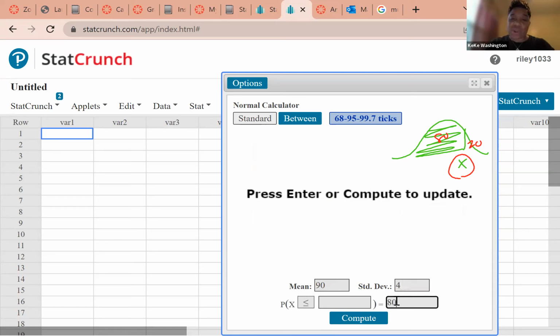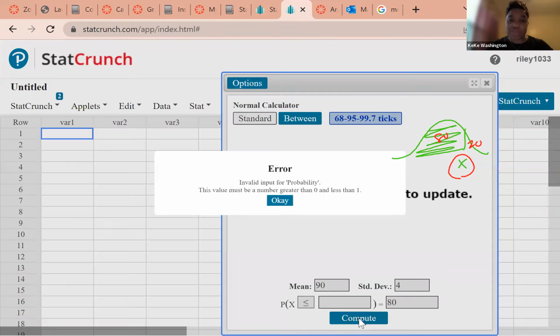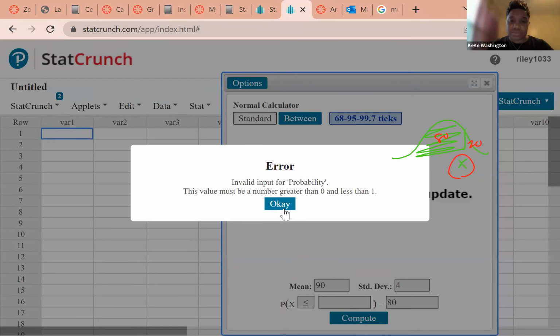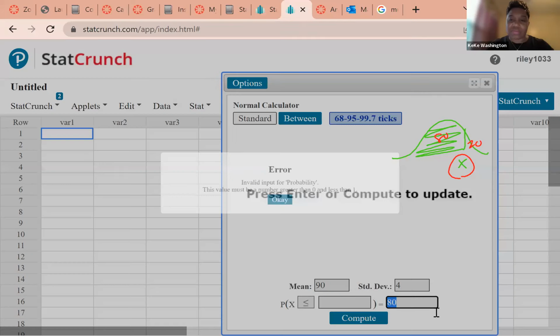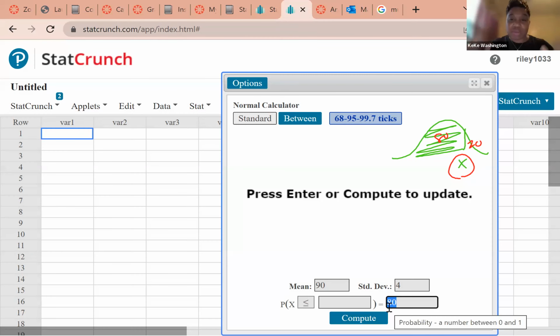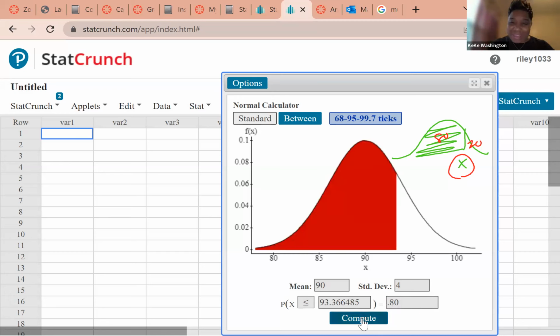So that 80 represents the probability. So if you plug in 80 in the probability space and hit compute, I have to plug in 0.8 because, remember, probability has to be between 0 and 1. We learned that in chapter 5. So 0.8. All right, and there we go.